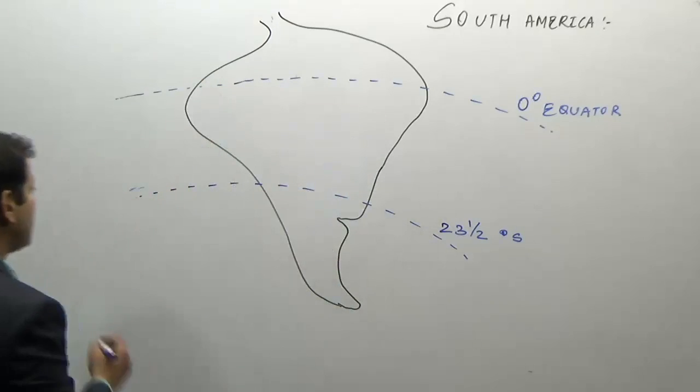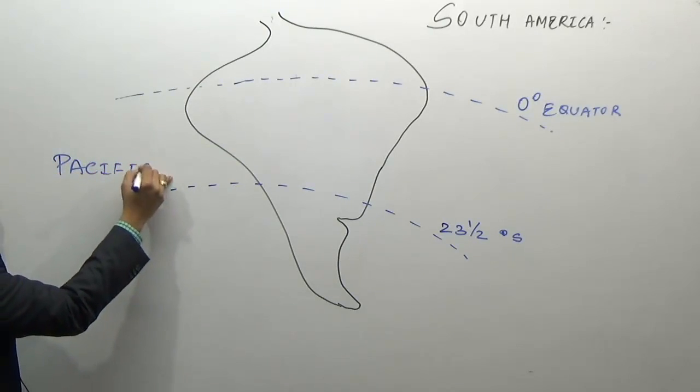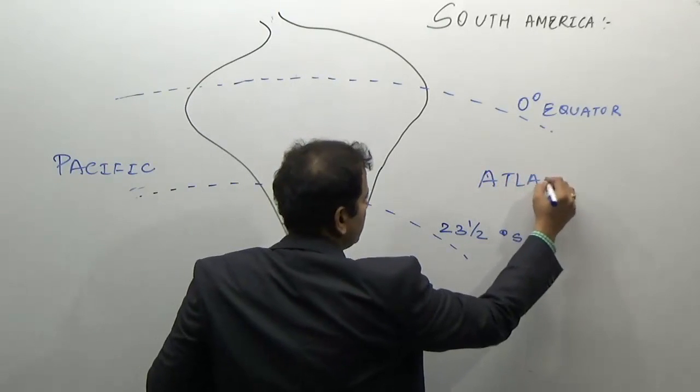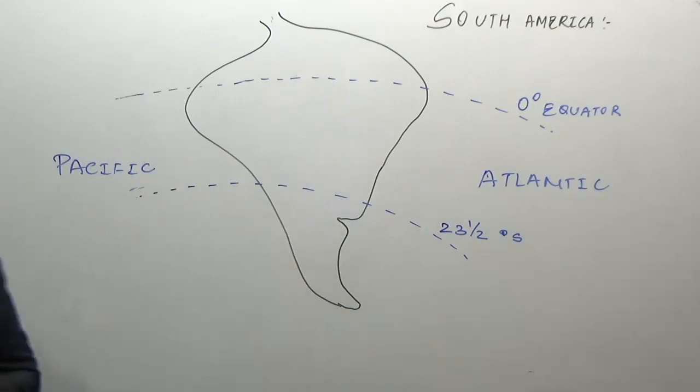It is surrounded by the Pacific Ocean, and it is surrounded by the Atlantic Ocean. It is surrounded by both the Pacific and the Atlantic Ocean. And because of its shape, the shape is somewhat like this.